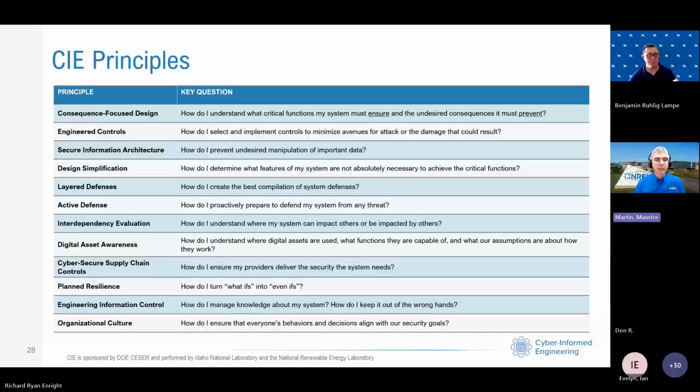If you keep that in the back of your mind, a lot of these CIE principles will come into focus very well. And what I liked about the water pump example as presented by Ginger was notice how the whole conversation about the water pump changed when that question was raised by the engineering operations team.